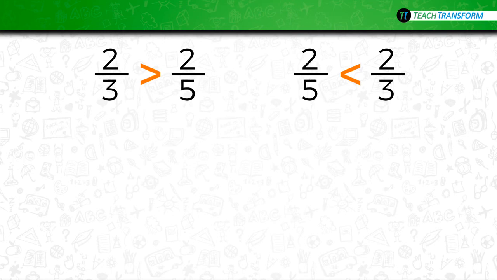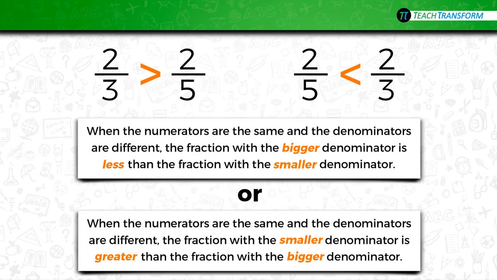Now, you could also fill in these blanks in different ways. On the screen, you can see two different ways to fill in the blanks. So I'm going to read them to you. Here's the first one. When the numerators are the same and the denominators are different, the fraction with the bigger denominator is less than the fraction with the smaller denominator.